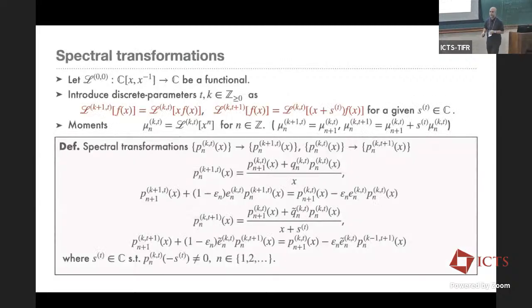And then spectral transformation. Almost a similar trick can be introduced. Here, linear spectral transformation can be introduced through these four relations. Already I introduced two types of spectral transformation. Here, the spectral parameter is just 0 or some shifted parameter.